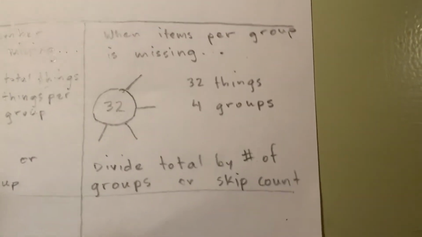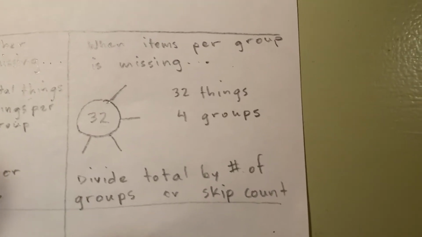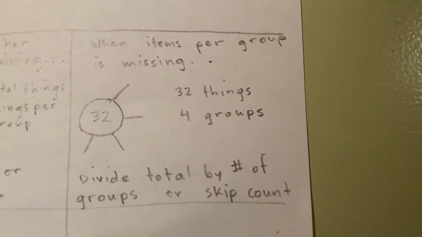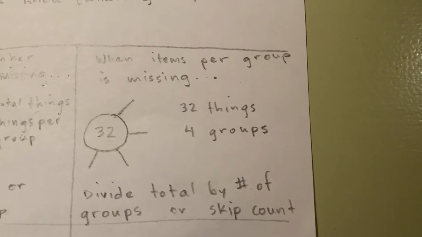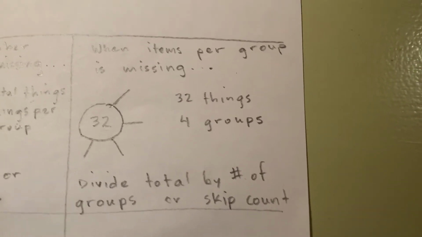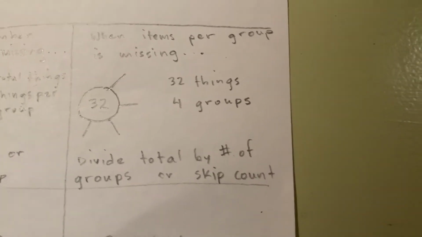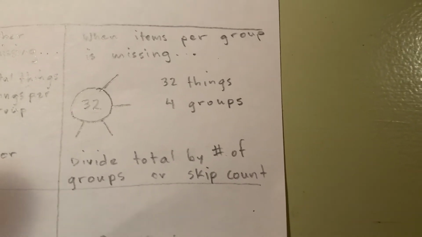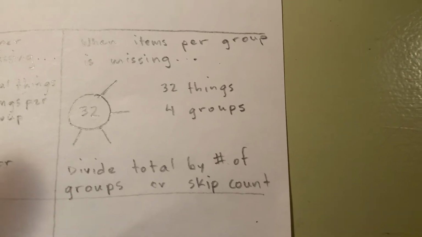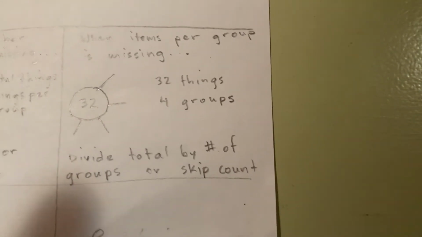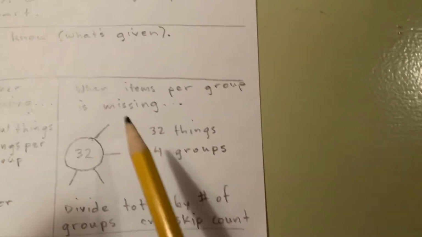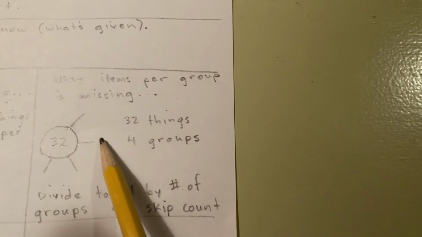Okay, next up, if you read the problem and you figure out, okay, I know how many things there are altogether, I know how many groups there are, I don't know how many things are in each group. So the number bond or equal group model might look like this. You've got 32 total things. You've got 4 groups, so each of those spokes represents a group.